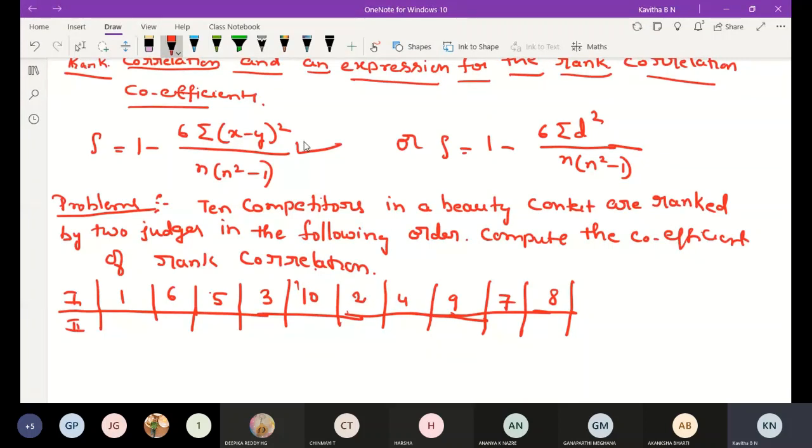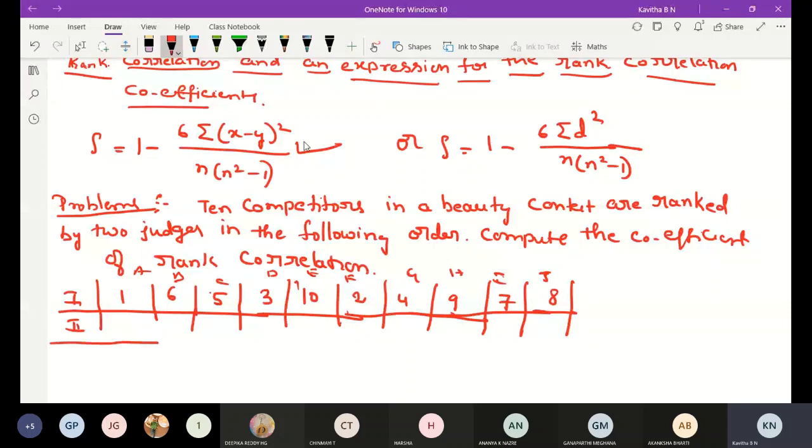Their names are A, B, C, D, E, F, G, H, I, J. Don't write it, this is only for your understanding. The first judge gives A the first rank, B the 6th rank, C the 5th rank, D the 3rd rank, E the 10th, F the 2nd rank, G the 4th rank, H the 9th, I is 7 and J is 8.